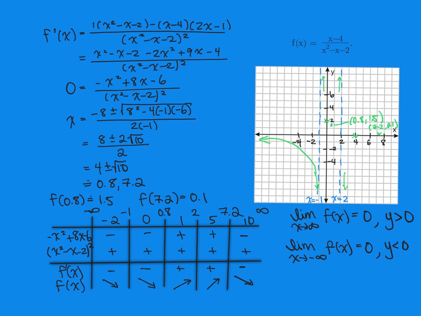This middle branch here goes through the intercept and the minimum point with our behavior, and on the right has to go through the x-intercept to this local max and has asymptotic behavior from above.